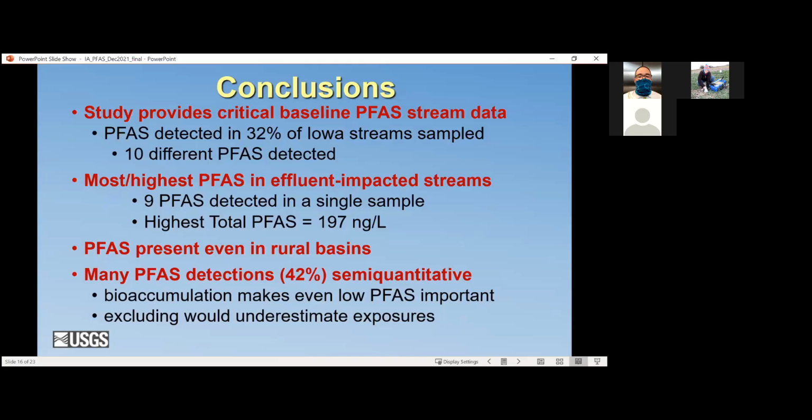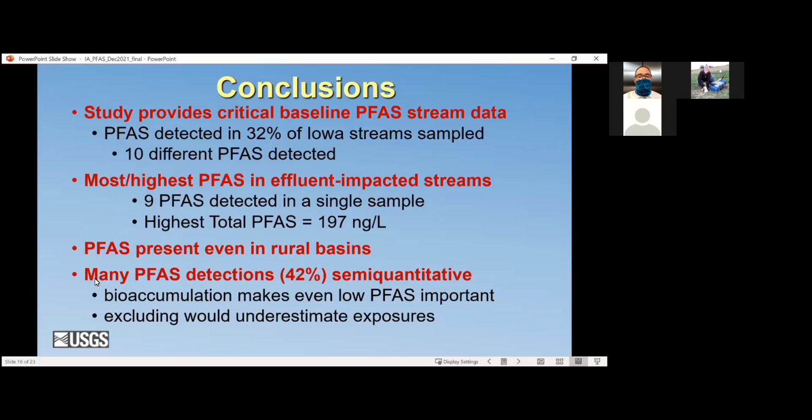generally the highest individual and cumulative concentrations, and the most detected PFAS, were in effluent impacted streams. But we did see PFAS even in rural basins. And in these rural basins, there were no obvious urban or industrial sources. So that really begs us to look further to see what is the source of these PFAS that we're finding.